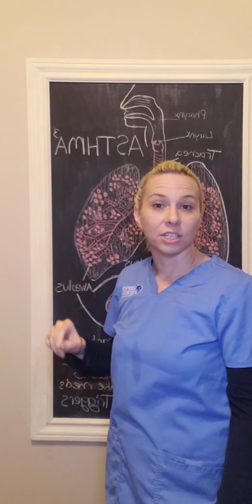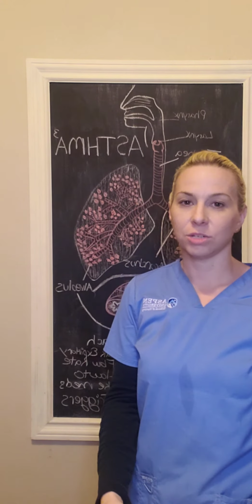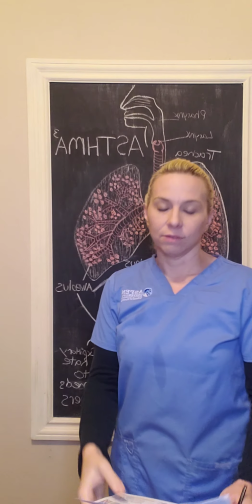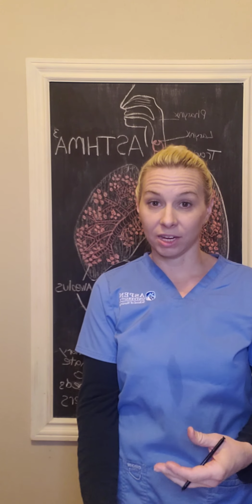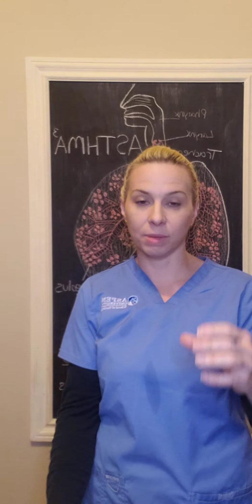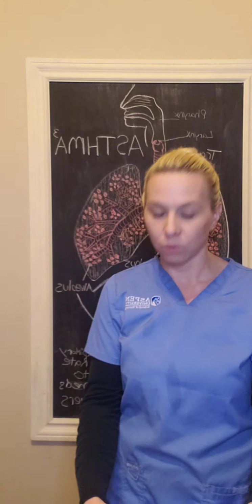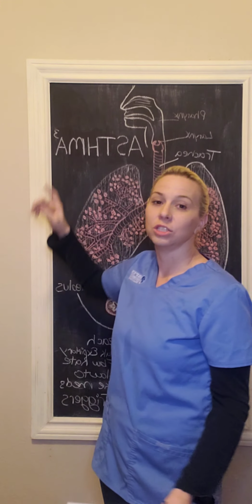H is for high-pitched wheezing. M is for minimal or diminished breath sounds. And A is for absent breath sounds when it becomes really severe and the inflammation becomes too tight, so you can't get any oxygen in and out, which can then lead to acidosis and also to air trapping.